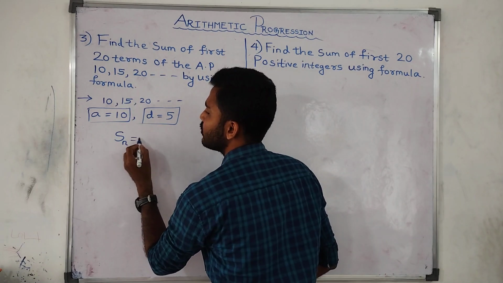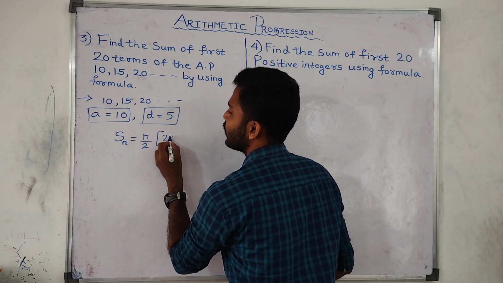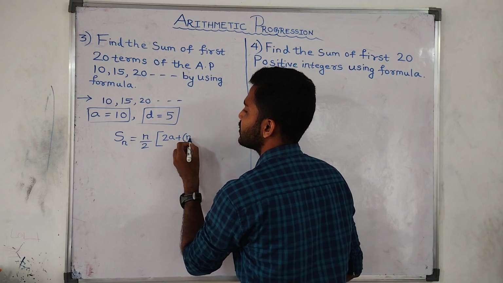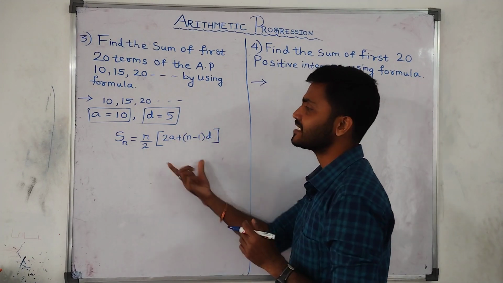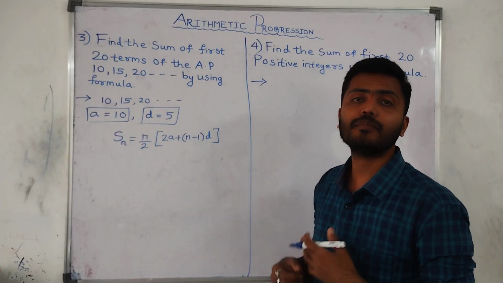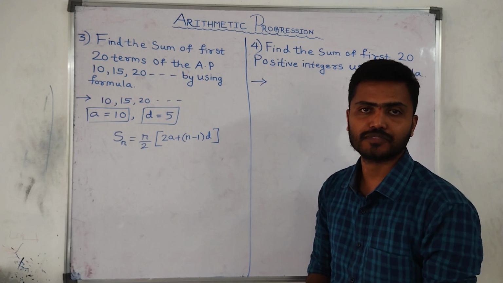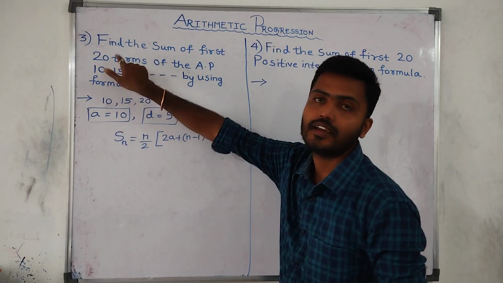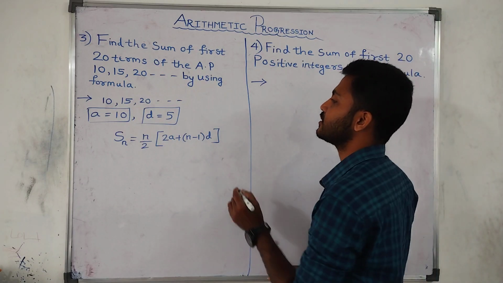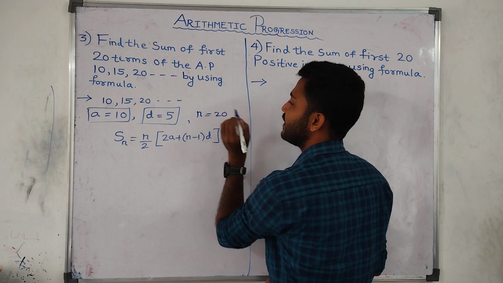So Sn is equal to n by 2 into the bracket 2a plus n minus 1 into d. Okay? So this is nothing but the formula to find the sum of n terms of an arithmetic progression. But here we do not want n terms, but we want 20 terms. The first 20 terms, what do we do? So n value is going to be equal to 20.